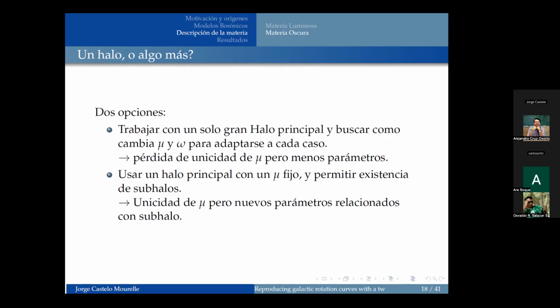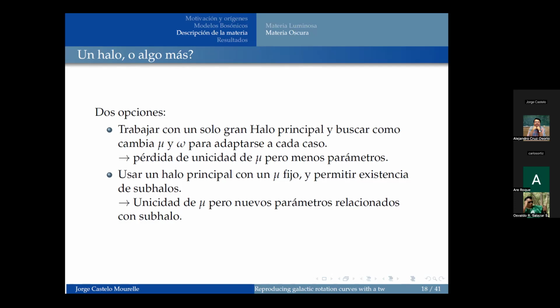And there is another option, that is to use the main halo as in the previous case, but just fix one mass for the boson for all the galaxies. Because in the first approach, we can use different masses of the bosons and field frequencies for sure. But this has a problem: in this approach, we are suggesting that different masses for the boson exist.